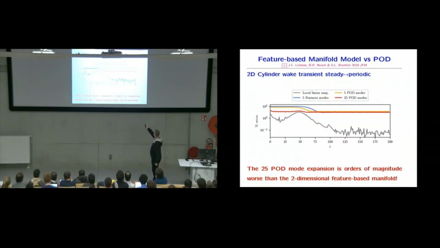Even with 25 POD modes, so the red curve here, we are far worse. We are more than 3 orders of magnitude worse. And at the beginning, for instance, POD is completely wrong. Here you make a 50% error with 5 POD modes. And locally linear embedding always outperforms our POD modes and some other modes which I don't want to discuss.